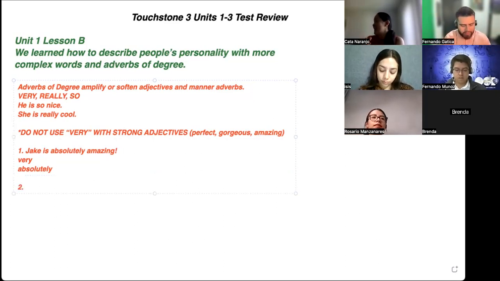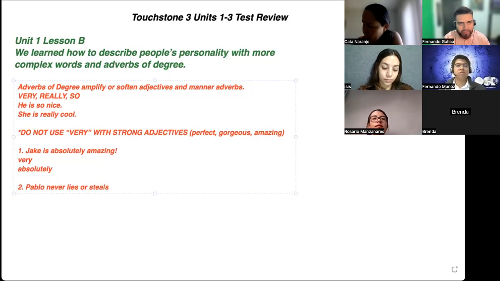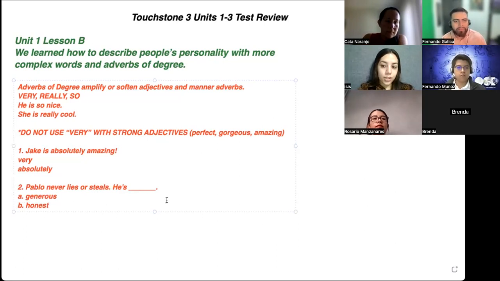What about this? Pablo never lies or steals. He's A, generous, or B, honest. Honest. Very good. What is the opposite of patient?